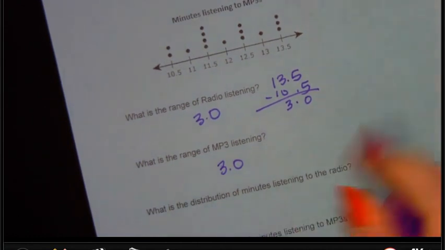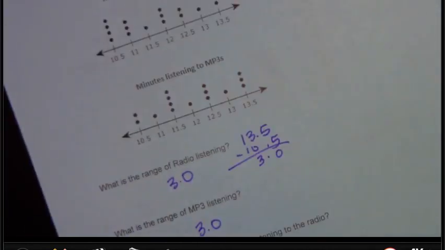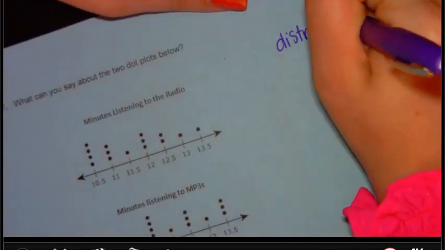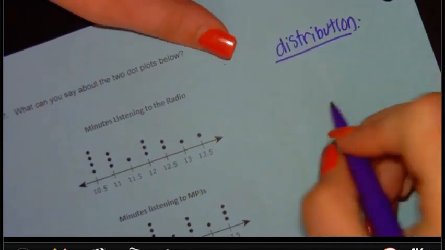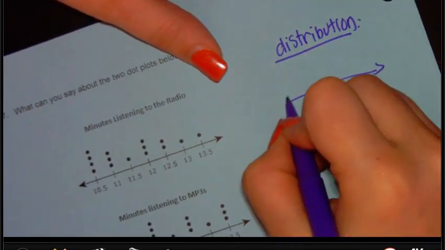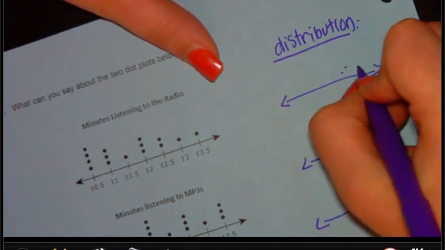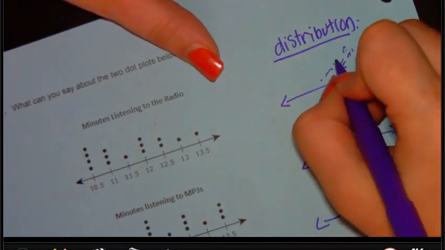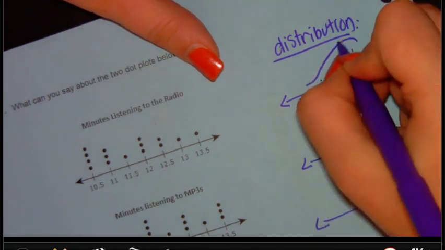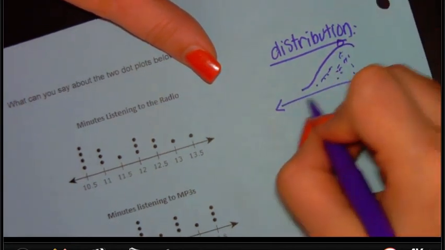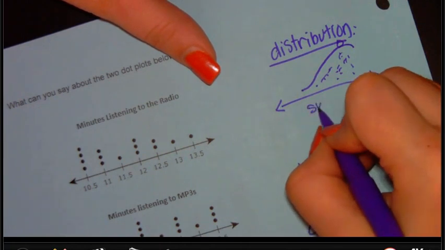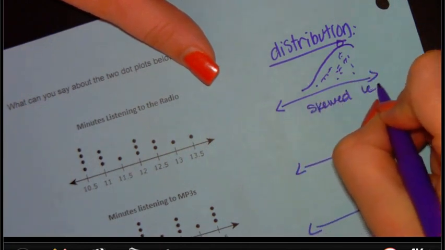What is the distribution of music? Okay, so distribution means, all right, so you have 3 different types of distribution, and I'm going to show those right here. If all of my dots are right here, and I draw a hill and I have my ball, and my hill is going to the left, this is known as skewed left.